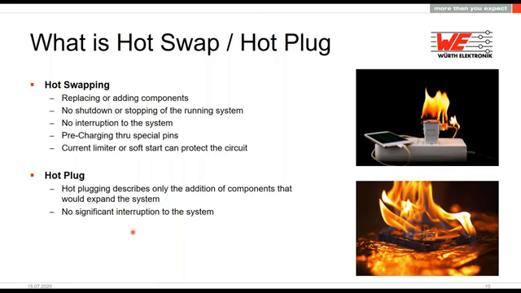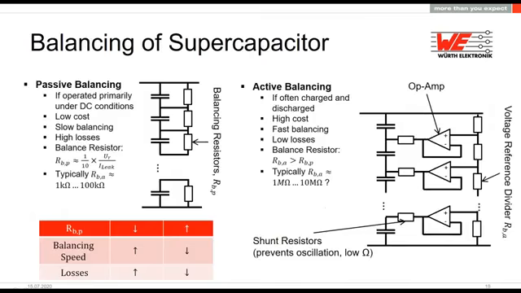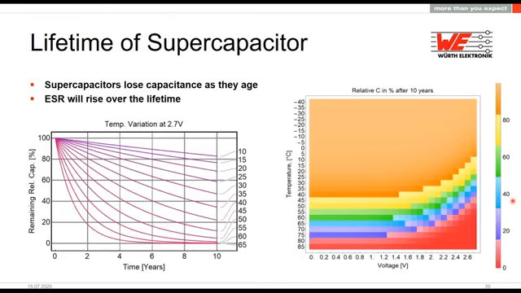The slide 20. So the y-axis on the left diagram is the remaining relative capacitance. So for example, when we say 40 degrees, after 10 years, you have 20% left of your initial capacitance.